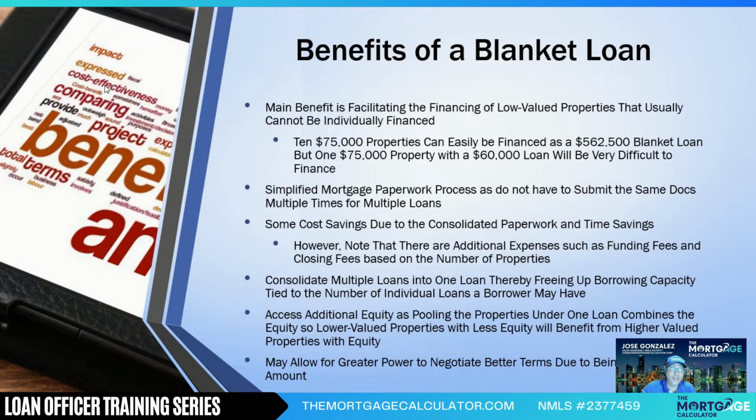So, hence, in the bullet point there, 10 $75,000 properties can easily be financed as a $562,500 blanket loan, which would be 75% LTV, which is an option that we have for a blanket loan. We have multiple blanket loan options. We have an 80% option, a 75% option, and a 70% option.